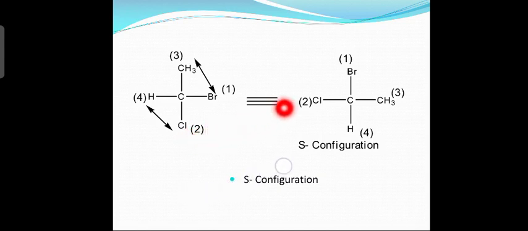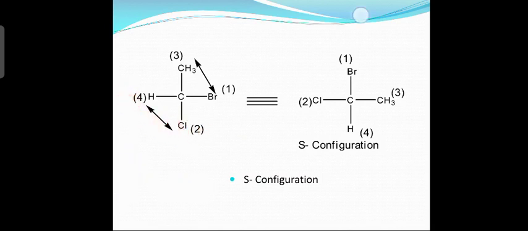Now when you interchange 2 times, first interchange 1 and 3. When you interchange 1 and 3, 1 will come over here at the top, CH3 will come down. Another interchange is here, because 4 will come opposite to the viewer, acquiring the bottom position. 2 will come over here.